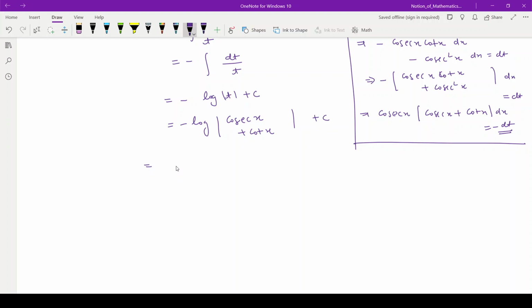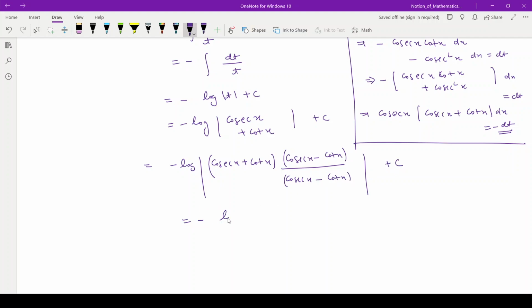We may modify it a little bit more, like minus log. I can do one more thing here: cosecant x plus cot x, I can multiply by cosecant x minus cot x and divide by the same term, cosecant x minus cot x, plus c.